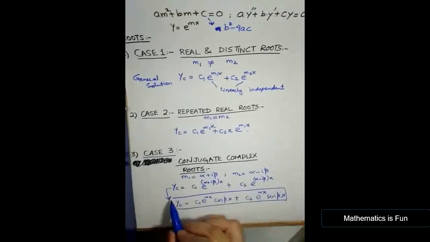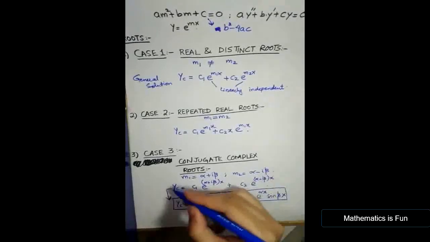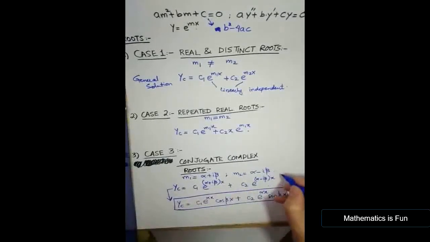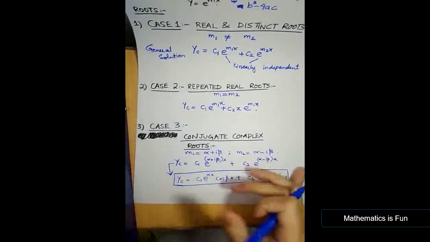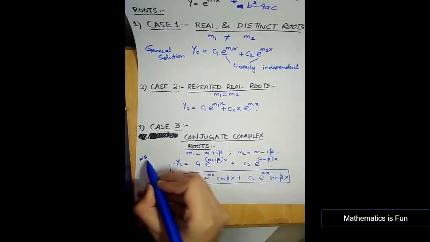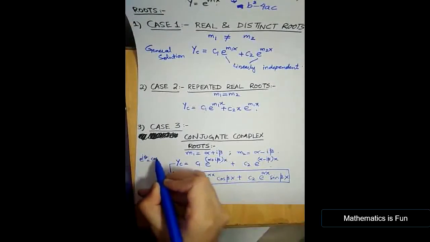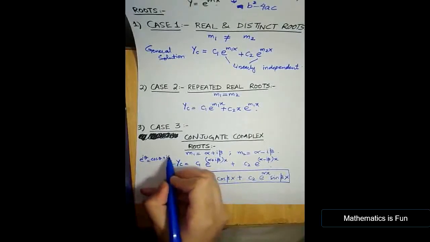Again, I'm not wasting time. The logic behind going from this statement to this statement is Euler's identity or Euler's formula. Euler's formula is e to the power iota theta equals cos theta plus iota sine theta.